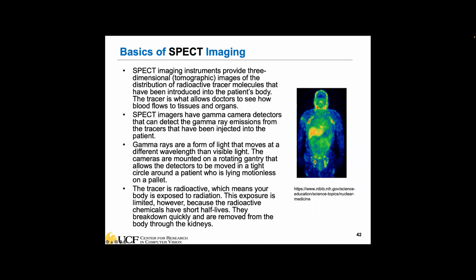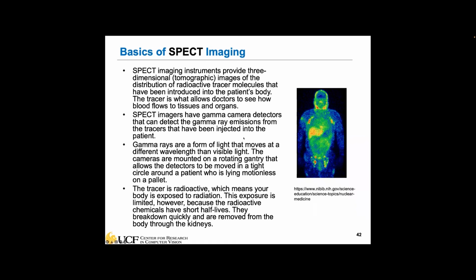Some of the basics of SPECT imaging. SPECT imaging provides three-dimensional images of the distribution of the radioactive tracer that has been introduced to the body. This tracer allows doctors to see the blood flow to the tissues and organs, and how the dynamics of your metabolic system work.